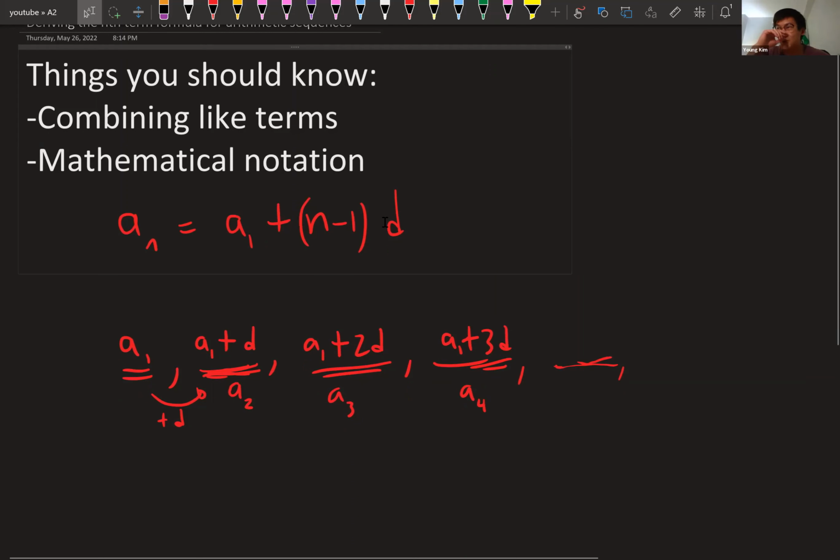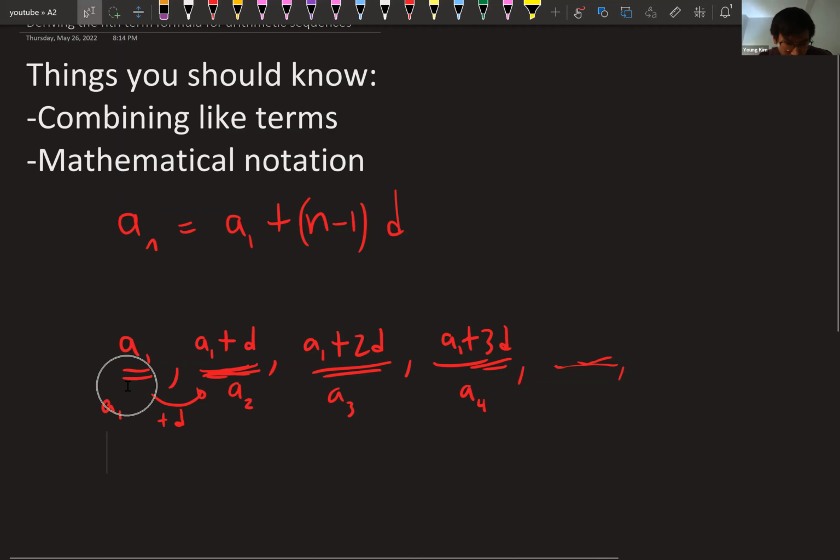Check out the geometric sequence video, but here you see if there's a connection between the position, the nth position, and the value in that position. For example, let me call this a sub 1.